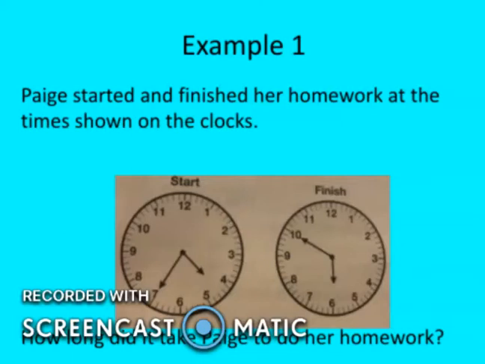Now remember, we talked about the hour hand being the short hand, the long hand being the minutes. The first thing that we're going to look at is the hour. So we see that the hour hand is between 4 and 5. Now we all know that we always go with the smallest number, the first number. So in this case, it is 4 o'clock here. Now, the next thing that we're going to look at on that start time is the minutes.